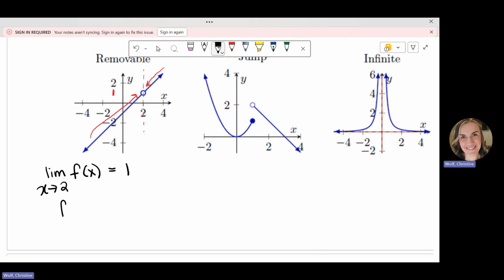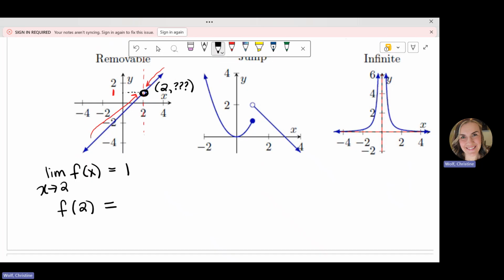But now if I check the actual function value at x equals 2, that true value does not equal 1 because it's an open circle, right? This point right here is like 2 and nothing.